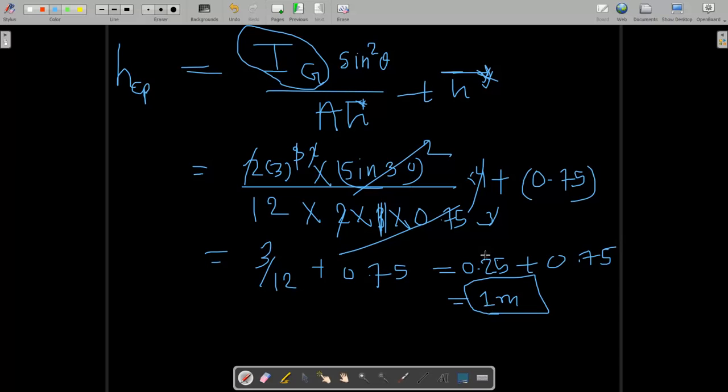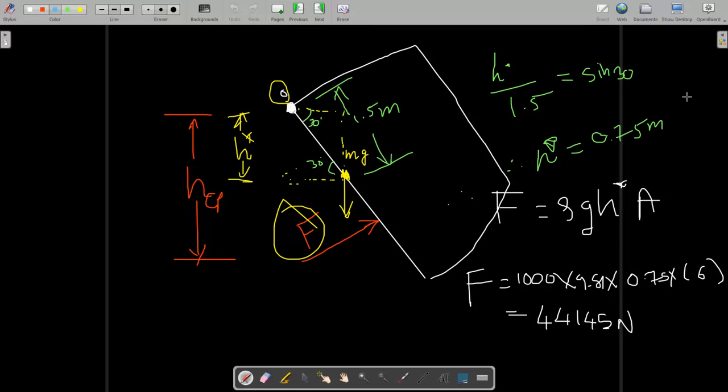Now apply the moment along the O. I'm taking the moment in the plane of this gate itself. So if this is the center of pressure, HCP height, and this angle is 30°, so what is this angle?